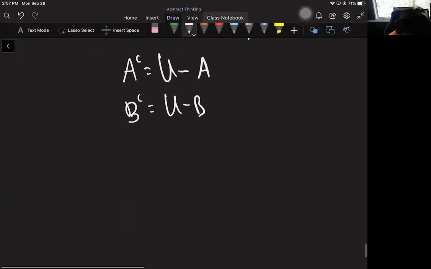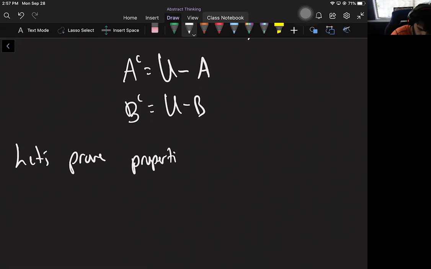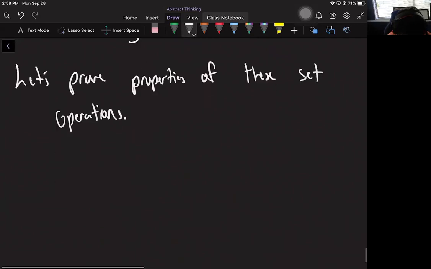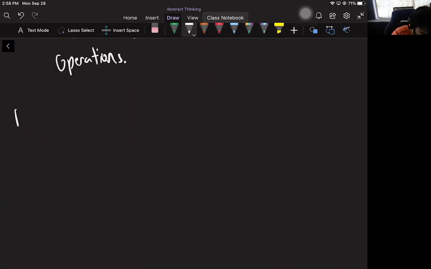Let's prove some facts. So let's prove properties of these set operations, I'll call them operations because they're just ways to combine the sets together. So here's a proposition.